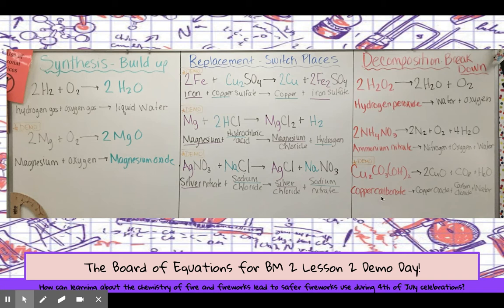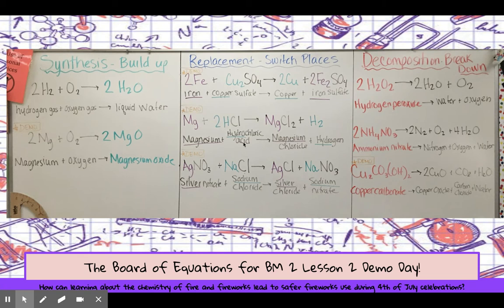Okay, this is a copper carbonate solution. So Cu is copper, and the CO3OH2, the carbonate part, can decompose into copper oxide, carbon dioxide, and water. Okay, lots and lots of examples for your notes today.